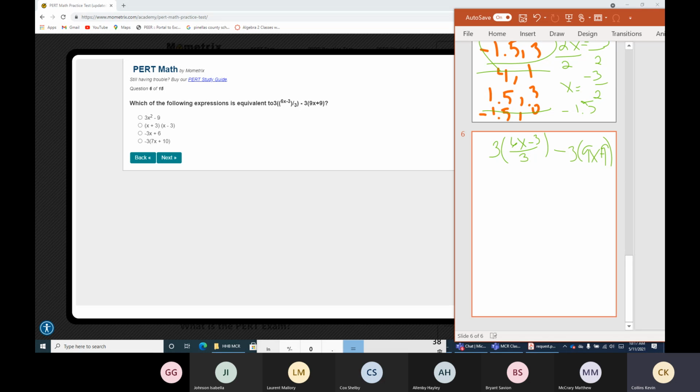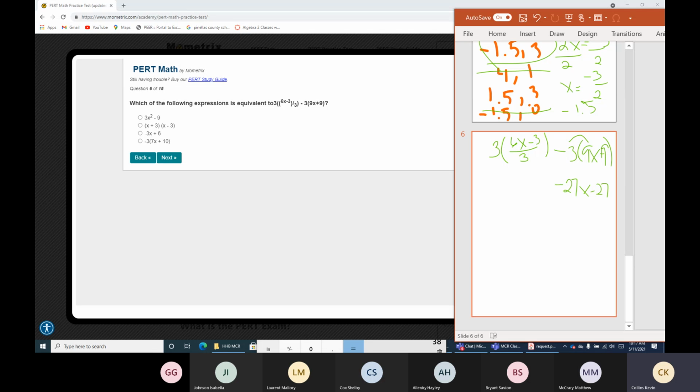All right, so if we are trying to simplify this thing, what's the first thing we can do? We have a couple different moves we can do, but what's your first move? Distribute, we can definitely do that. So we'll go ahead and do that here. We're going to get minus 27x and then minus 27.